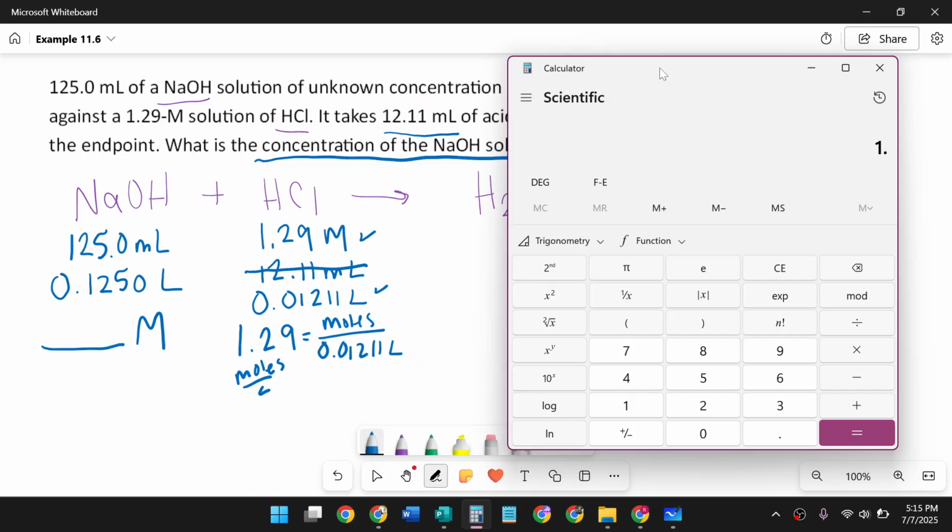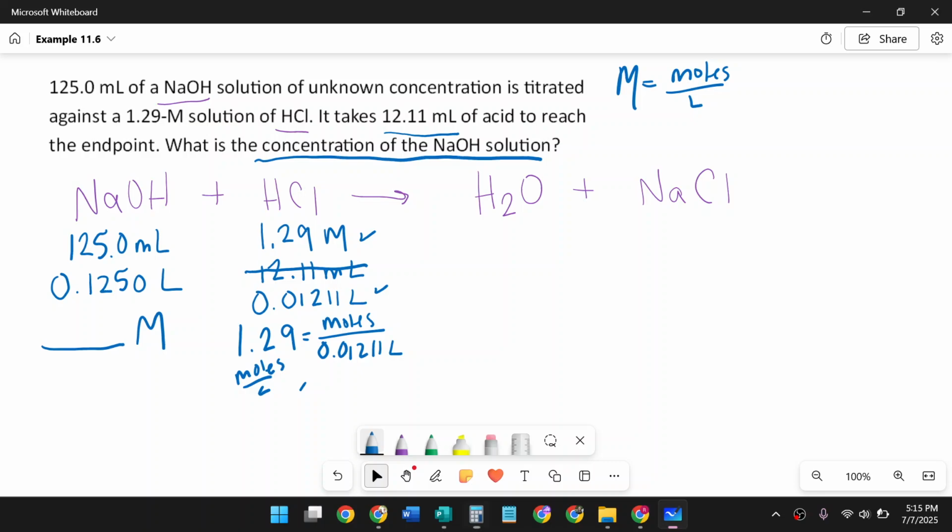So 1.29 times 0.01211. We get to keep 3 significant digits, so the zeros at the beginning don't count, so that'll be 0.0156. So 0.0156, and that's how many moles we used of the HCl, how much of that was reacted.